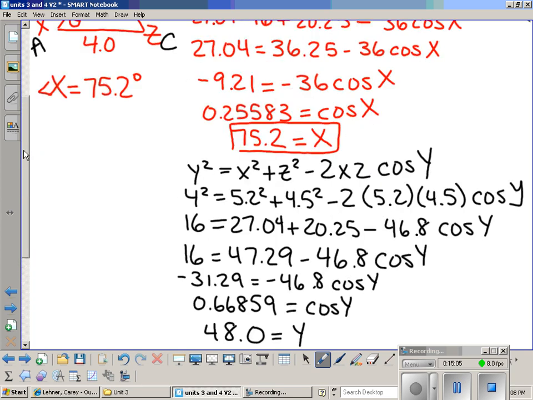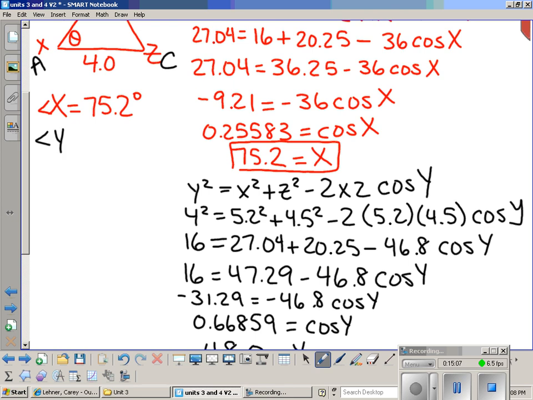So we have angle y equals 48 degrees. Now think about it. Do we need to repeat this process to find angle z, or is there another way? And hopefully you will remember that all three angles add up to 180. So angle z will equal 180 minus 75.2 minus 48. So angle z is 56.8 degrees.